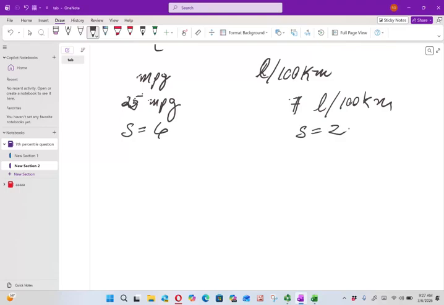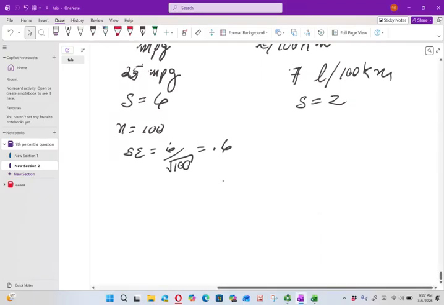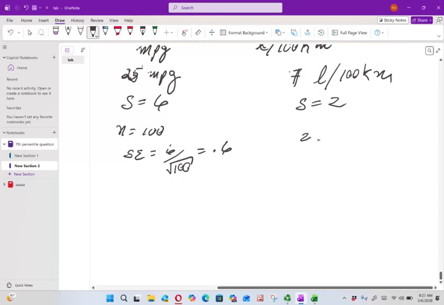I want to compare these things so that if I use a sample size of 100 for both of these things, the standard error here is 6 over the square root of 100, which is 0.6. Here, it's 2 divided by the square root of 100, which is equal to 0.2.